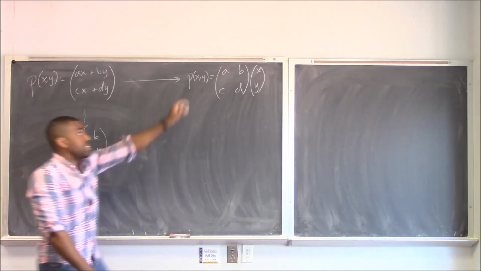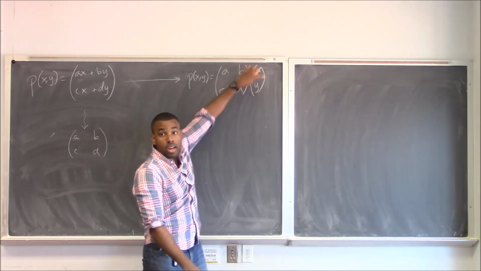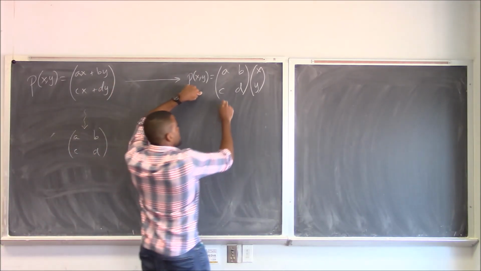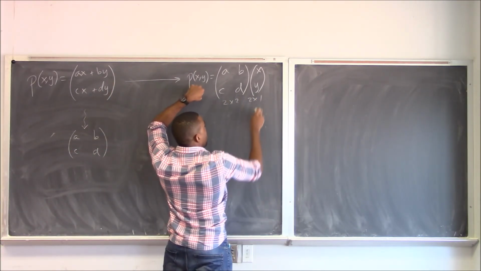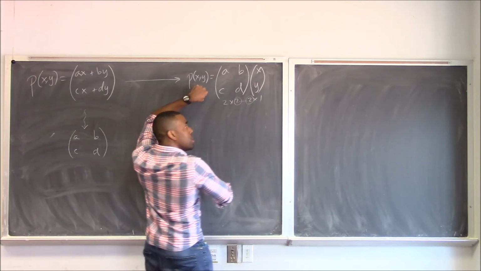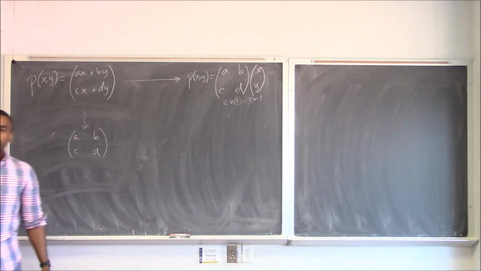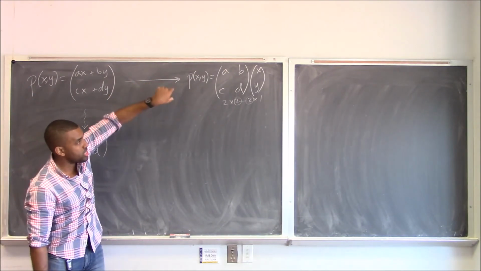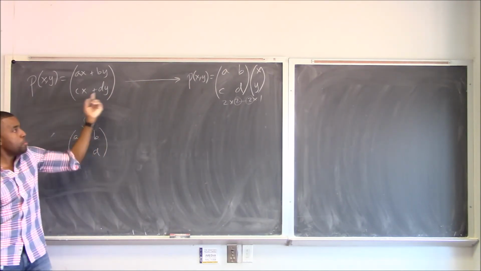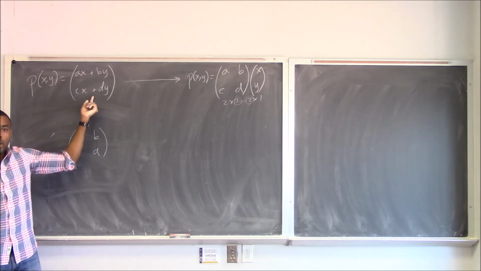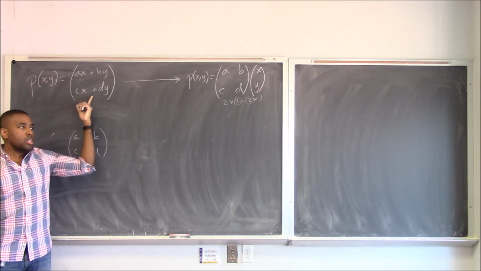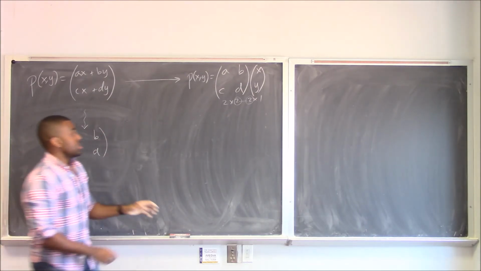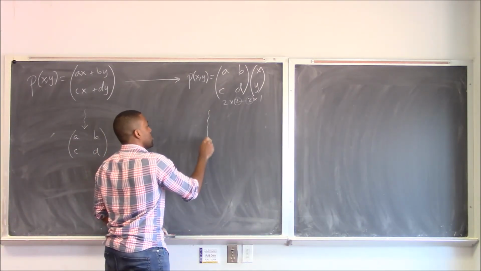Notice if I take that rule of dot product in rows by columns, I would end up with this object. Also notice this is a 2 by 2, while this is a 2 by 1. The middle numbers are the same, so I know that it makes sense to write that down. And moreover, the process by which we use the composition of functions makes it equal to this. In other words, in general, how do we think of a matrix as representing a function?